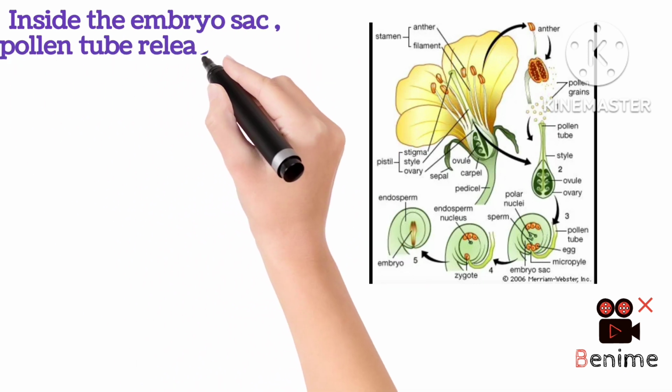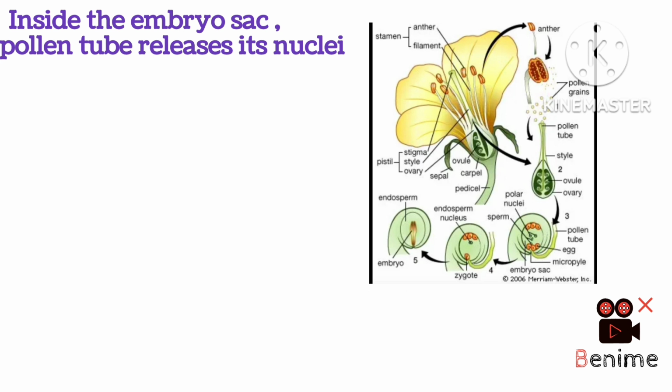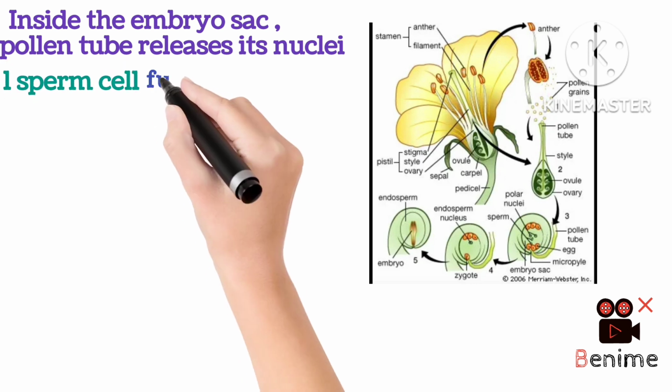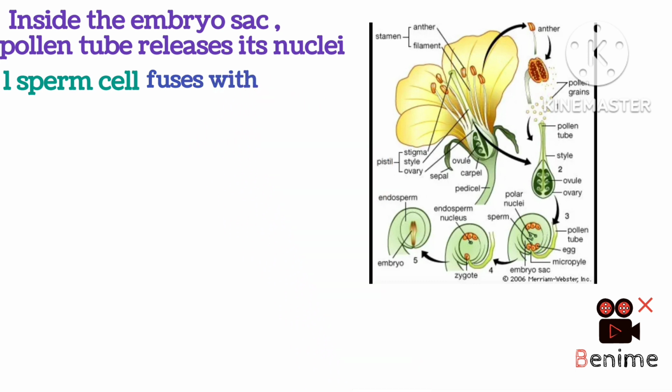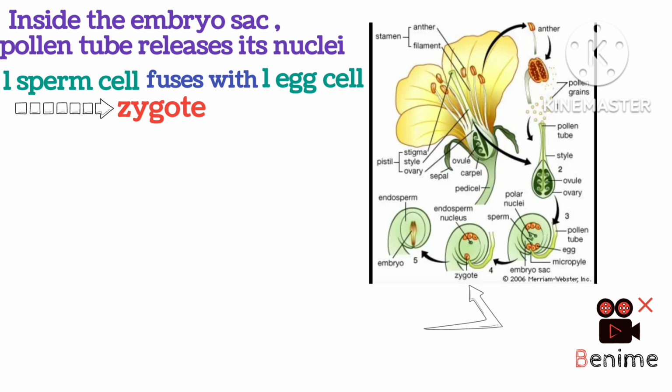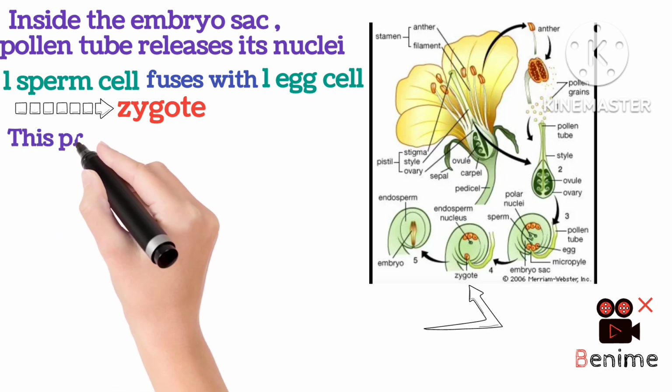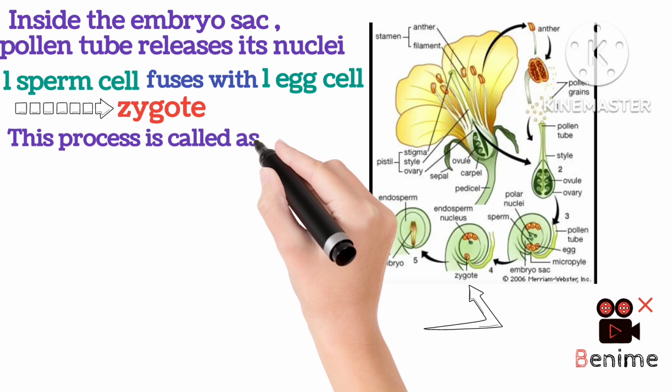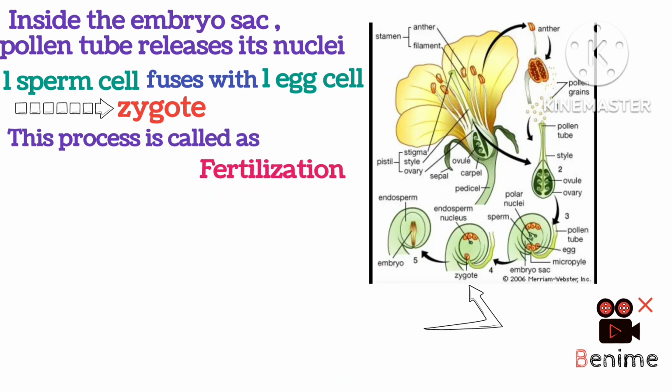Inside the embryo sac, the pollen tube releases its nuclei. 1 sperm cell fuses with the 1 egg cell and forms a zygote. You can see the zygote in the picture. This process is called fertilization.